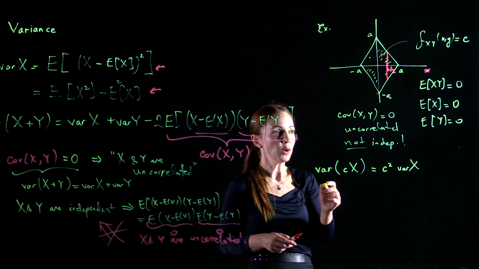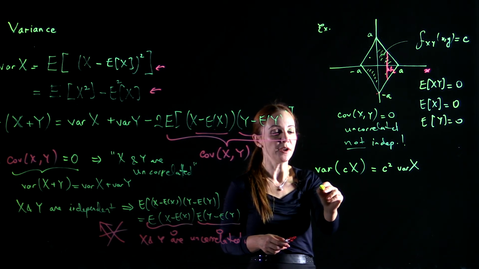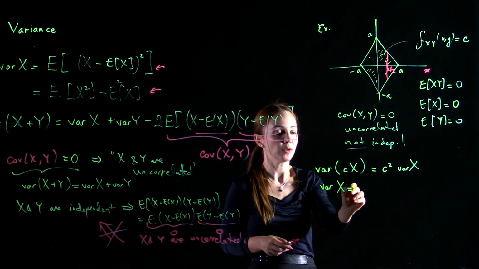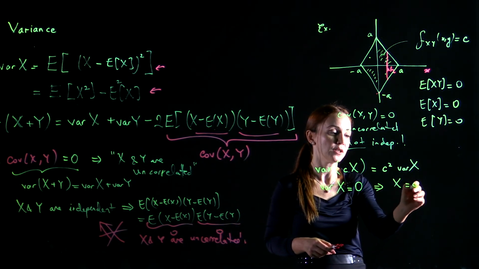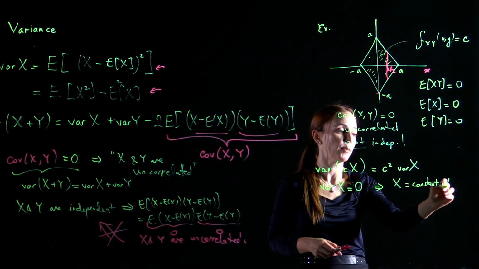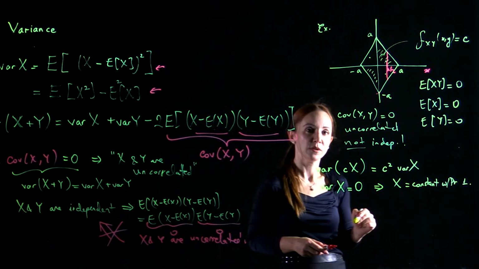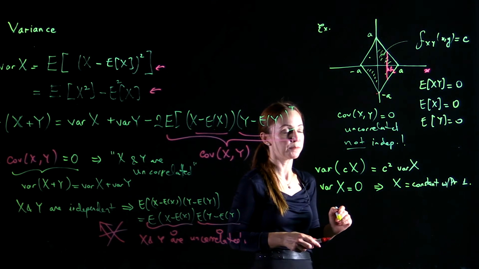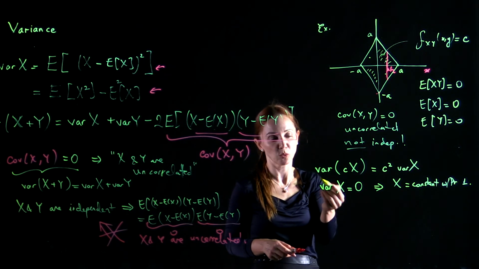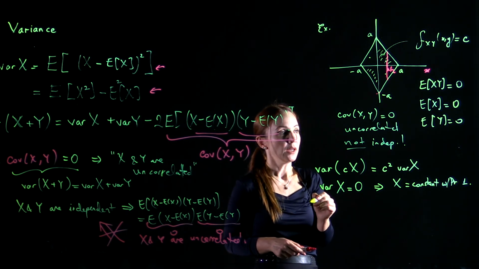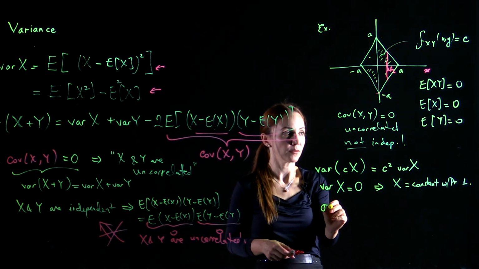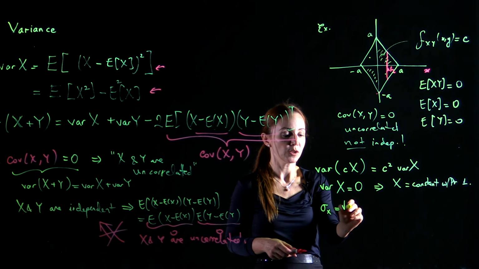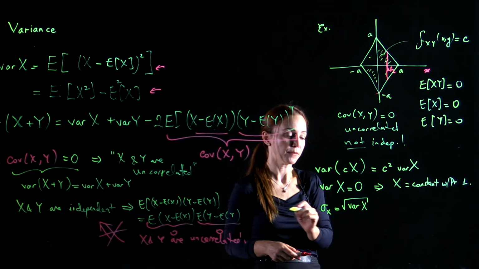Now, the variance of a random variable being 0 implies that the random variable is just a constant with probability 1. So that's a useful fact that can be shown, that we won't spend time on. The square root of variance is called the standard deviation, usually denoted by sigma.